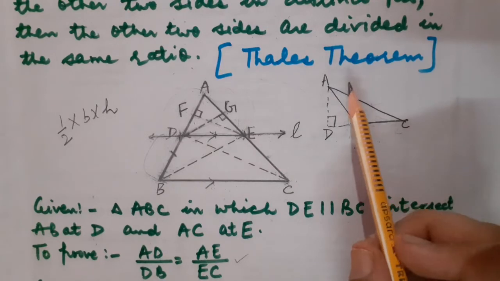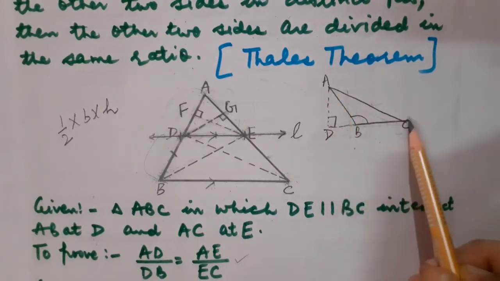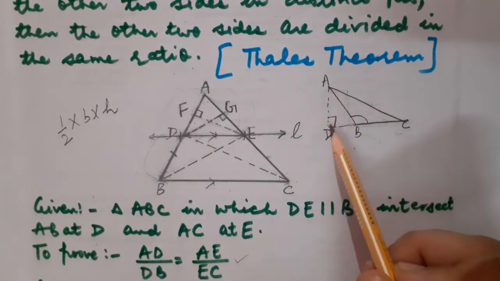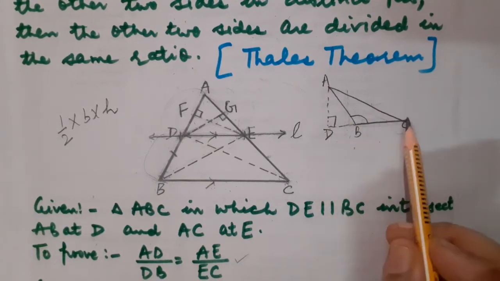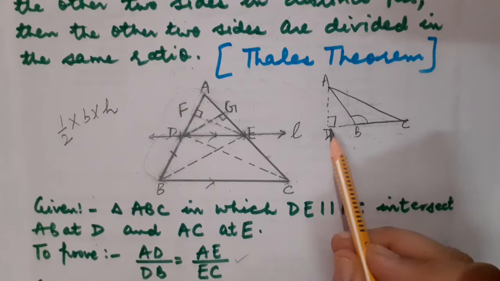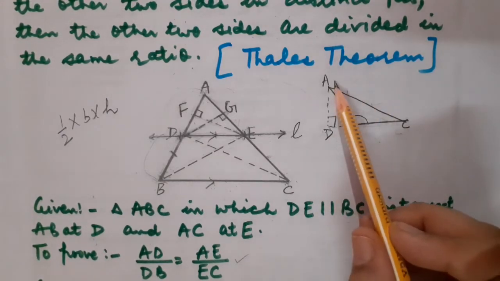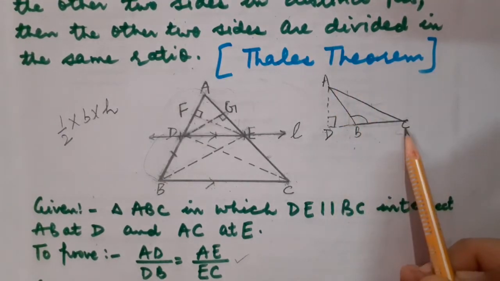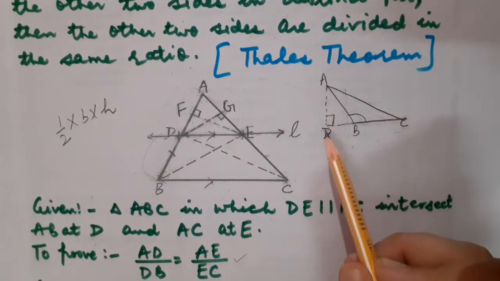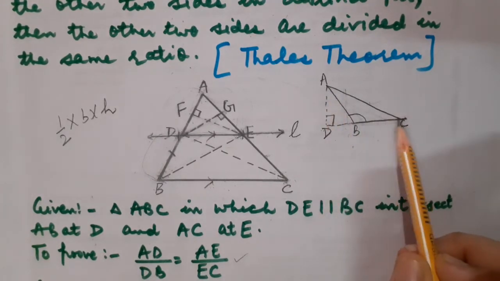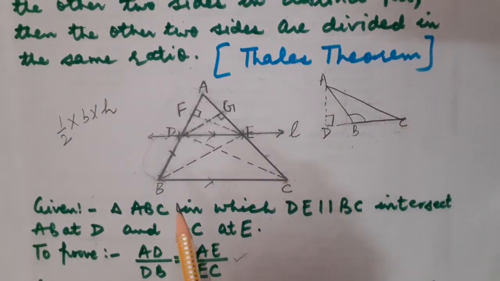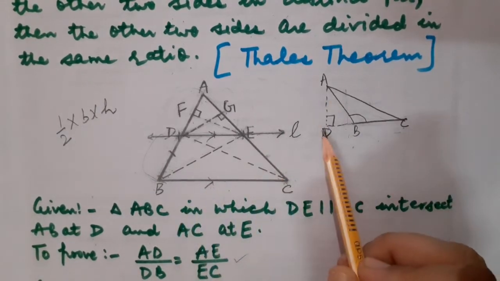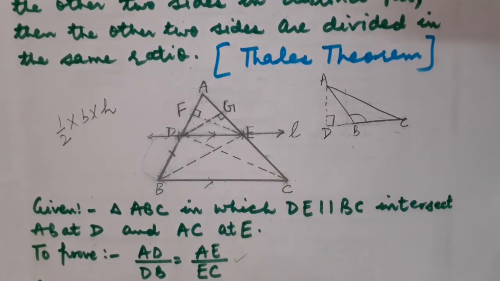Here you can see that in an obtuse angled triangle, the altitude is always drawn outside, on the extended base. There is a triangle ABC, which is obtuse angled. As I drew the altitude, I extended, I produced this CB up to D. So in an obtuse angled triangle, the altitude is always drawn outside the figure.